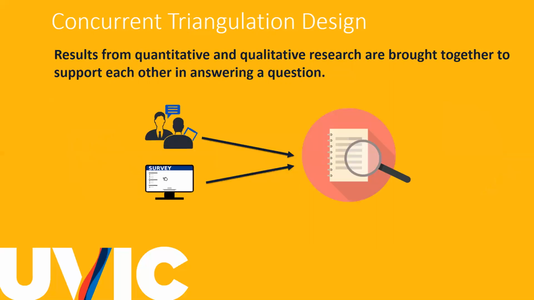Then there's the concurrent triangulation design, which is when you use 2 studies conducted at the same time and you take their results and mix them together to help you understand something. You notice with the concurrent designs, one study does not necessarily influence the design of the other study. That's a bit of a weakness, because it's nice to have the freedom to make those sorts of changes.